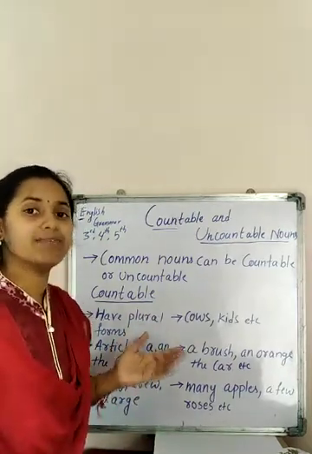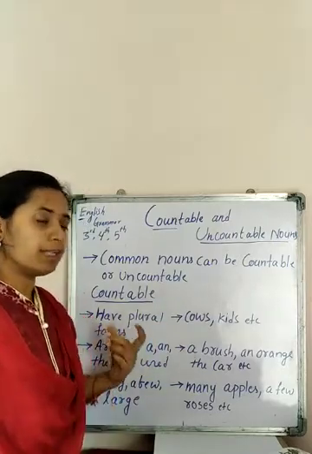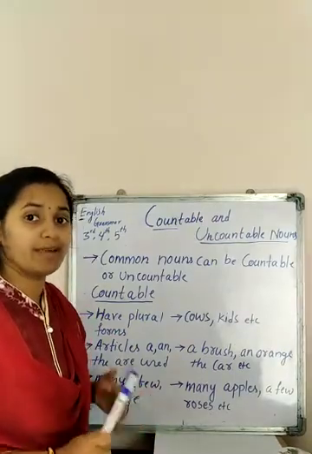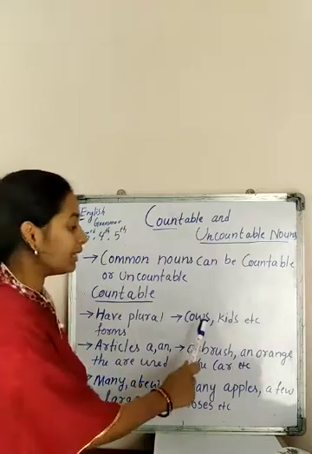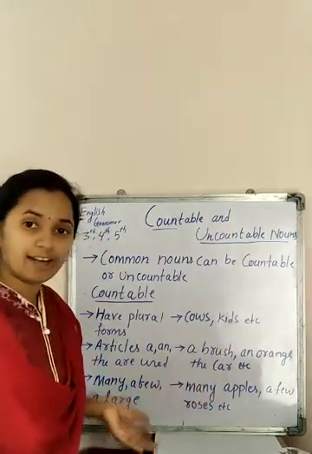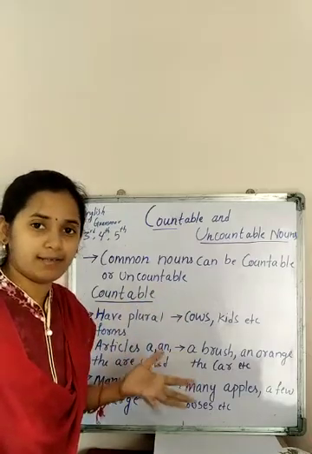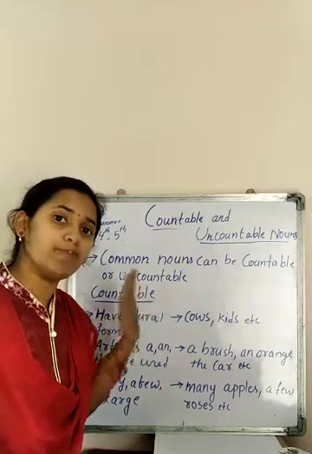In the previous classes we have discussed singular and plural forms, right? So the particular nouns have plural forms when they are countable. What are the examples? Cows, kids, children, goats, keys, cars, houses, etc. That means countable nouns can have plural forms.